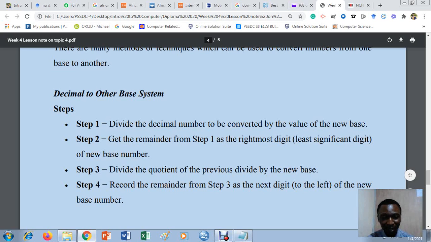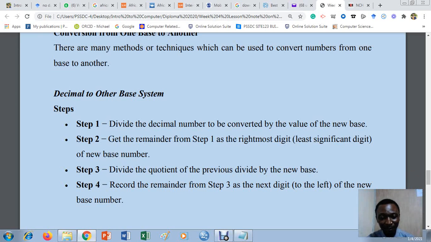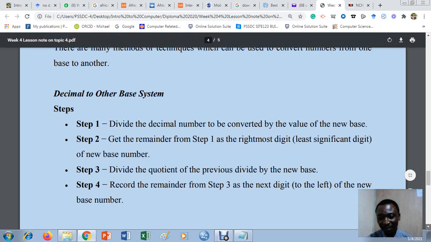Number 2, get the remainder from step 1 as the rightmost digit. That is going to be the least significant digit of the new base number. Step 3, divide the quotient of the previous division by the new base. Number 4, record the remainder from step 3. There will always be a remainder. Keep the remainder as the next digit to the left of the new base number.